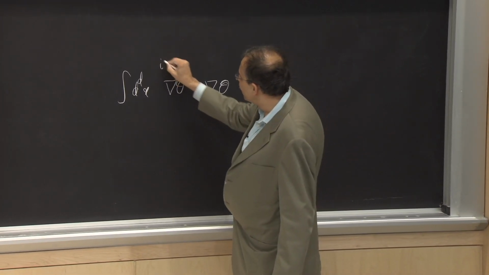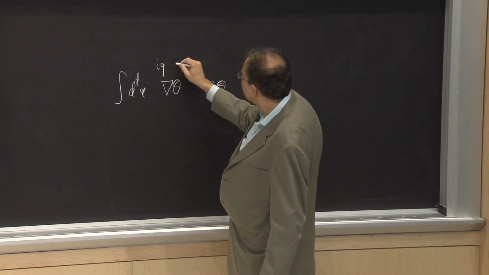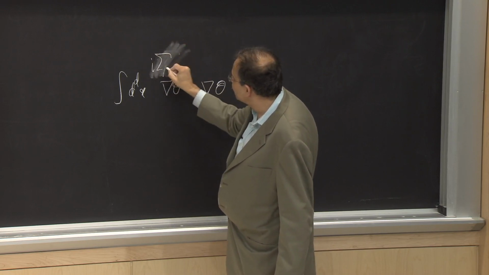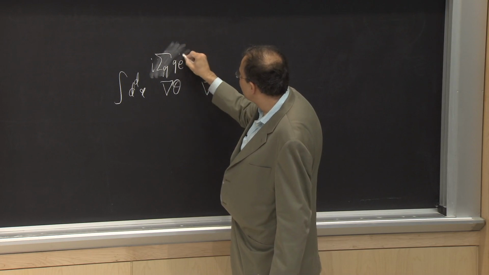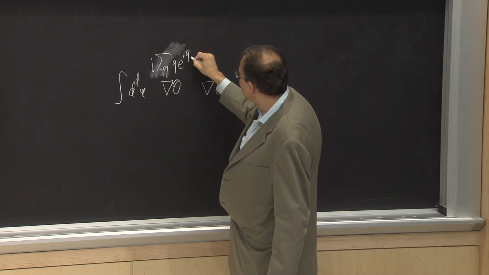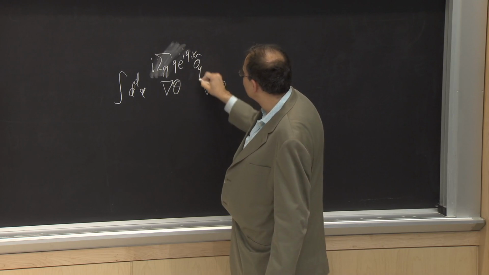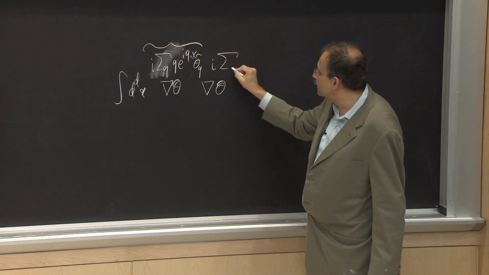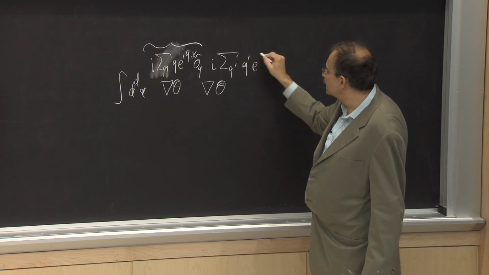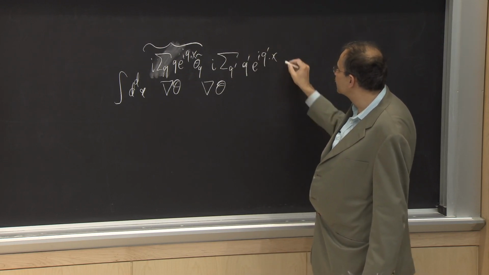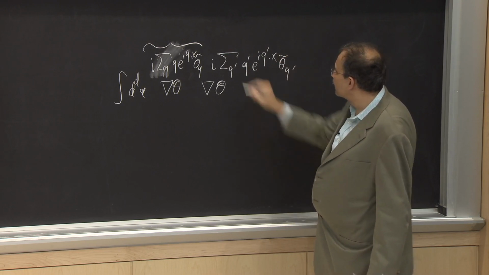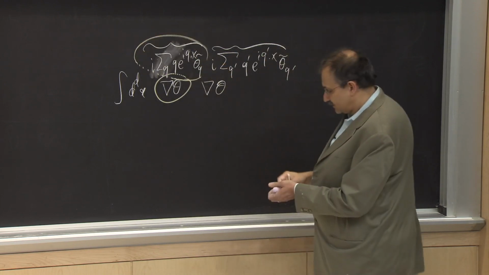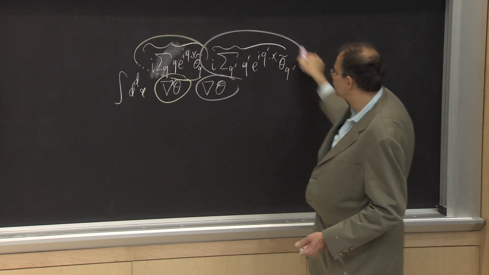Gradient of theta is i sum over q, q e to the i q dot x theta tilde of q. And I have to repeat that twice. So I have i sum over q prime e to the i q prime dot x theta tilde of q prime. So basically, this went into that. This went into that.